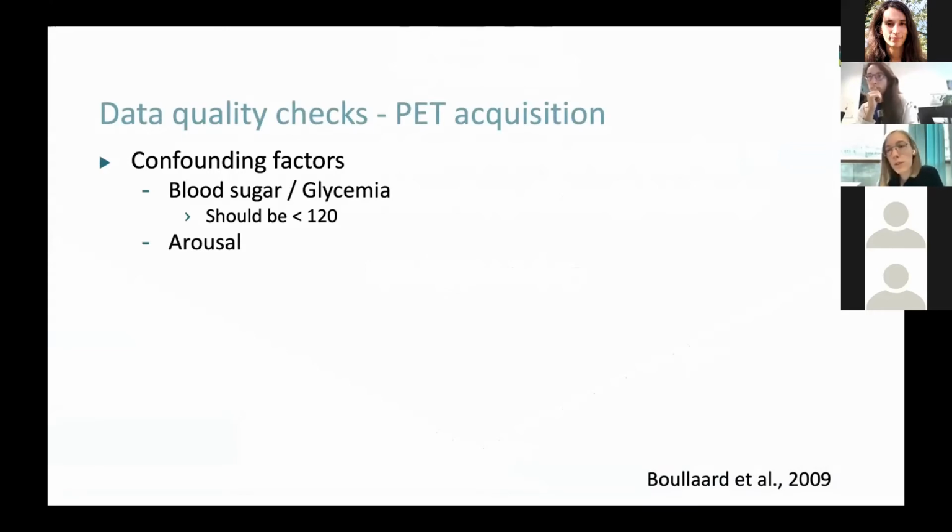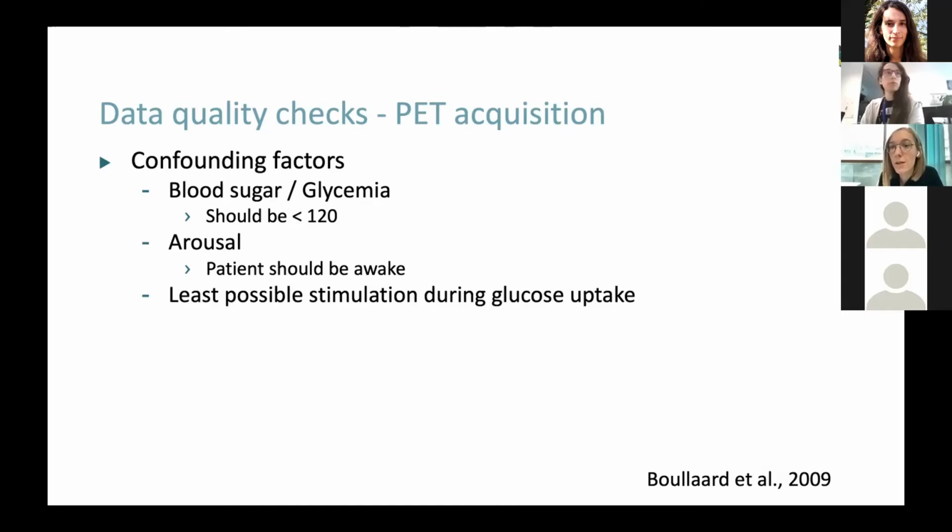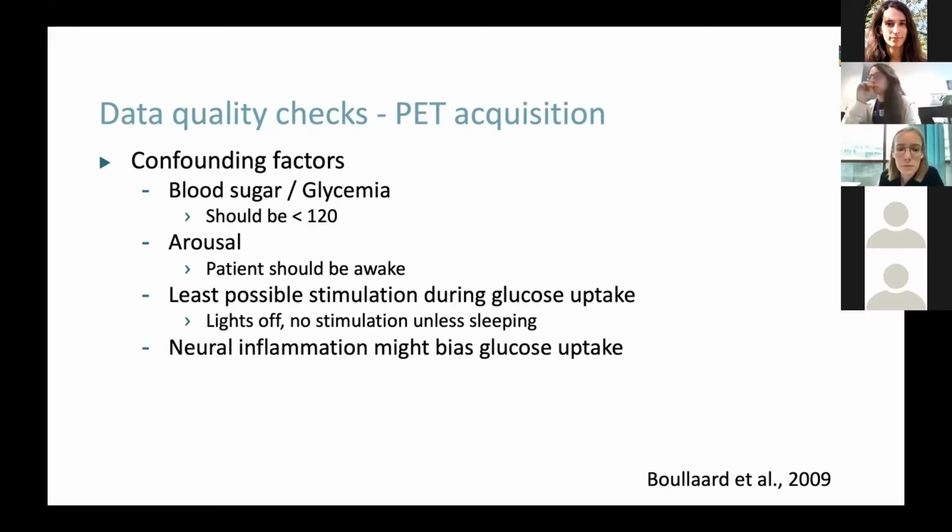Also, you need to make sure that the patient is aroused. That means the patient is awake, and if possible, with the least possible stimulations. So you make sure that the room is dark, so that you don't see big uptake in the visual cortex specifically, and you only stimulate the patient to make sure that the patient is awake when he or she seems sleeping.